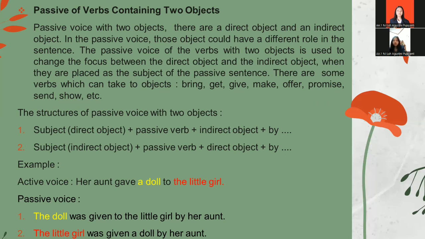So in passive voice, the first passive sentence will be, a doll was given to the little girl by her aunt. In the sentence, the focus is on the direct object, the doll. And the second passive is, the little girl was given a doll by her aunt. In the sentence, the focus is on the indirect object, the little girl.